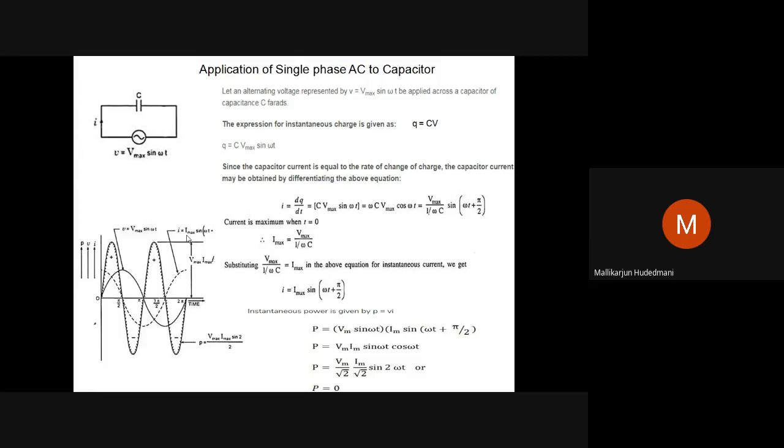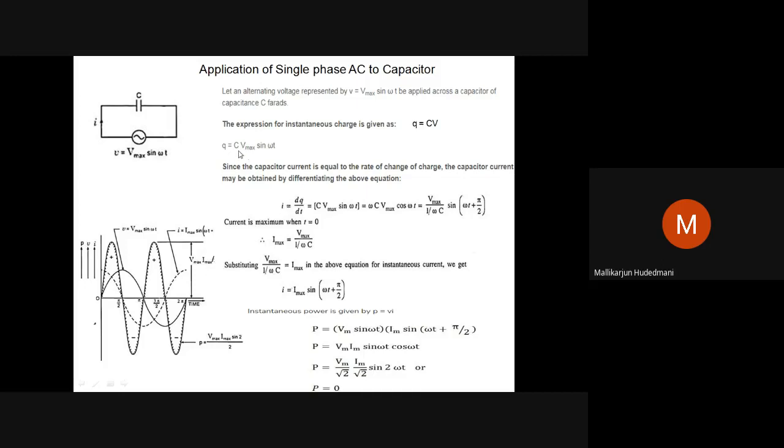Then Q equal to C into V, I substitute what V is. You can see here Q equal to C into Vmax sin omega t. So what is the current from this? I equal to dQ by dt. Differentiate Q, the time rate of displacement of charge is current. What is current? Displacement of charge, dQ by dt.